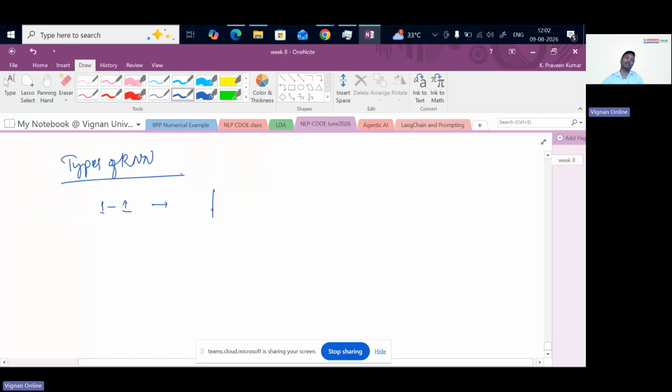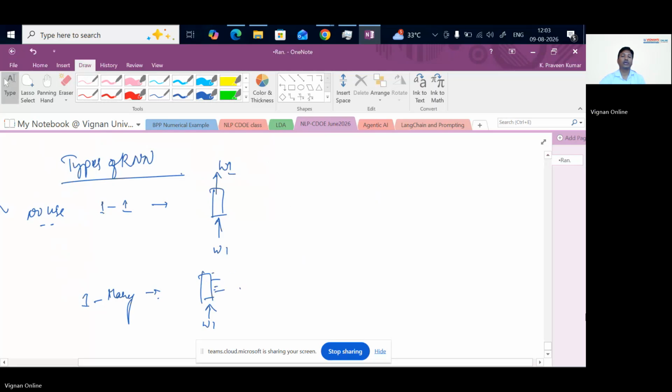It means you give one word and you expect one word. This is of no big use, because a text cannot be understood with a single word. Then one to many, a very popular thing here. You give one word and it produces a number of words.